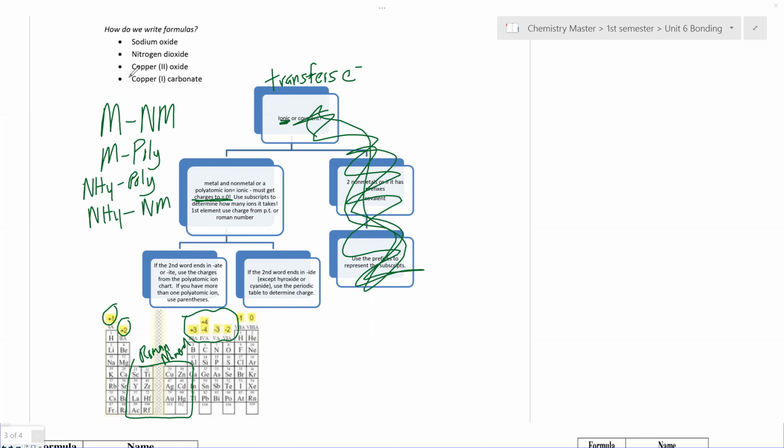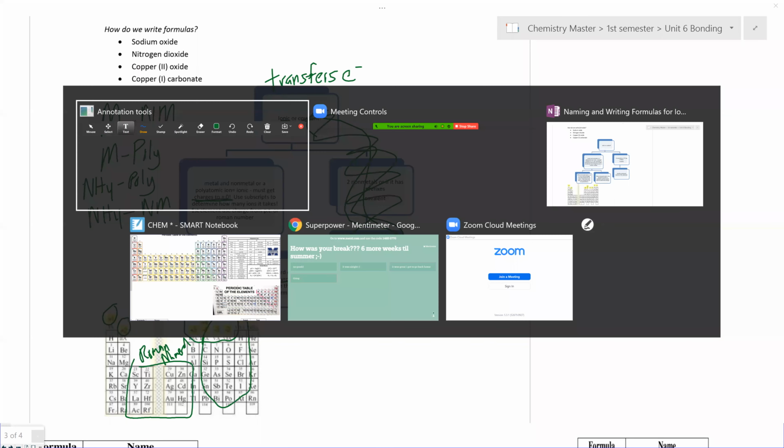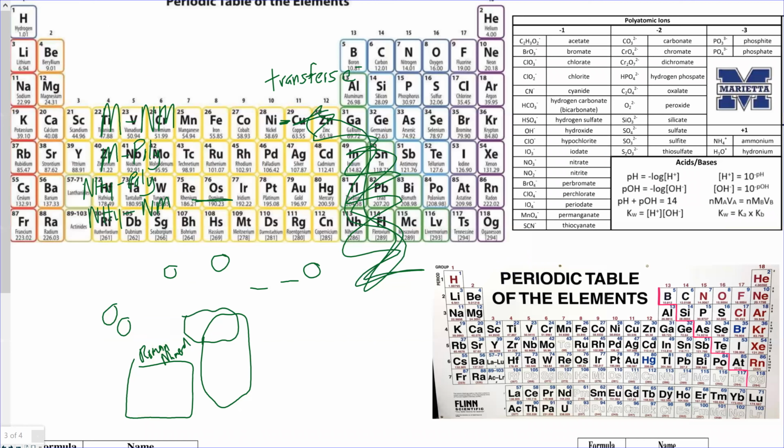So the big thing if we're writing formulas is if the word ends in IDE, except for hydroxide, cyanide, and there's another one, peroxide, remember it came from this part of the periodic table. If it ends in ate or ite, then it came from this part over here, okay?